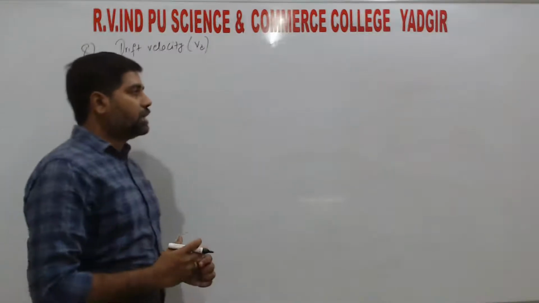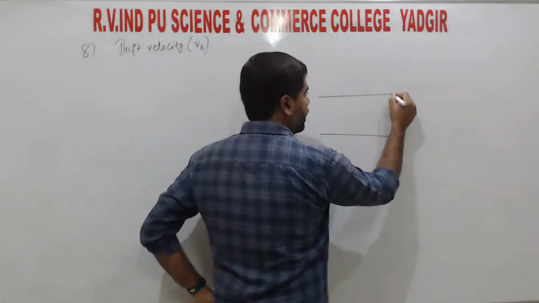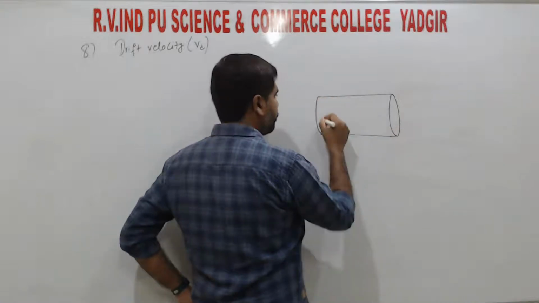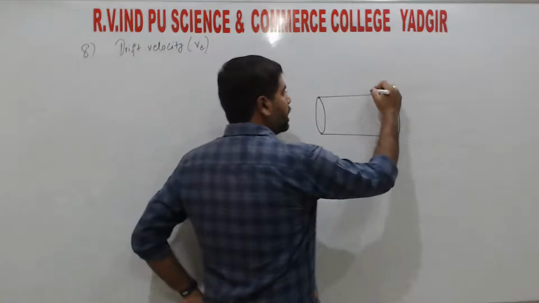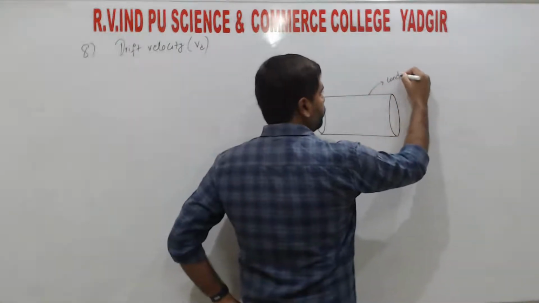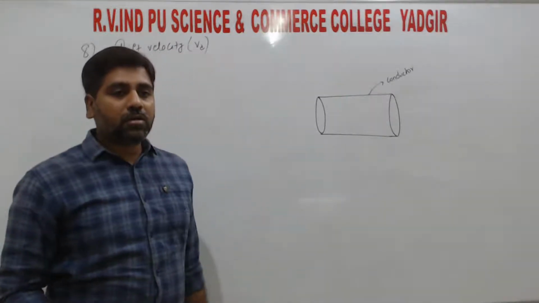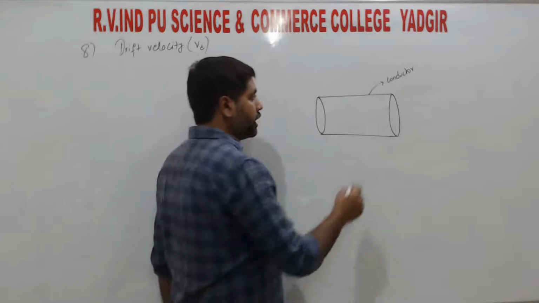So for that, consider a conductor. So drift velocity we are going to discuss in a conductor, right? So this is one conductor, right? In a conductor, the charge carriers are the electrons. So conductors ಅಲ್ಲಿ charge carriers ಅಂದ್ರೆ ಯಾವುದು ಅಂದ್ರೆ electrons, right?